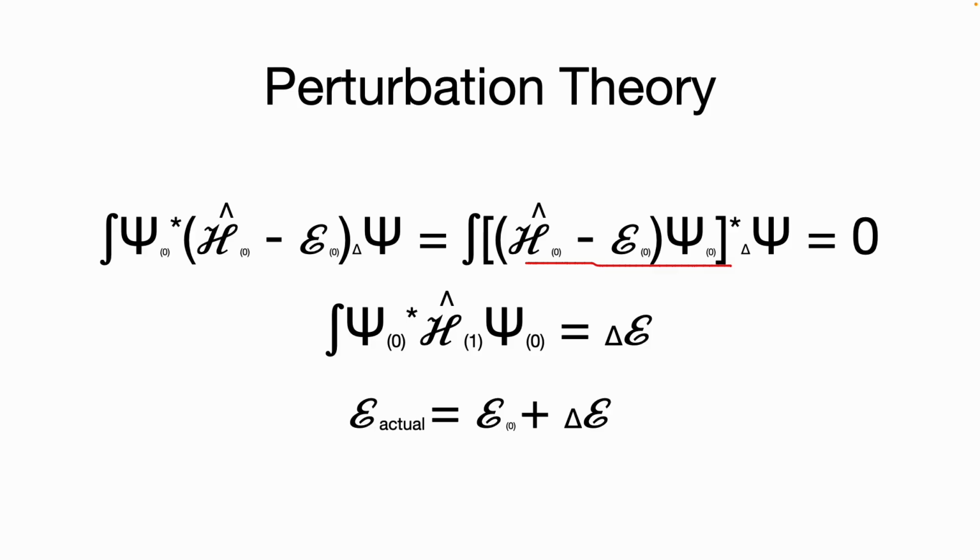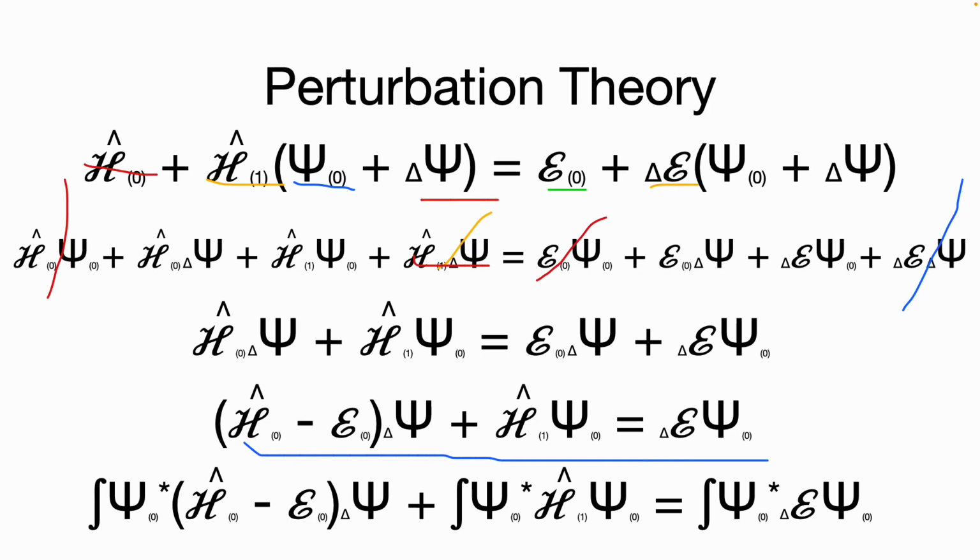And as a result, if I go to the previous slide, what we see is that this term can be removed since it equates to 0, and as alluded to earlier, this follows from the Hermitian property of the operator.